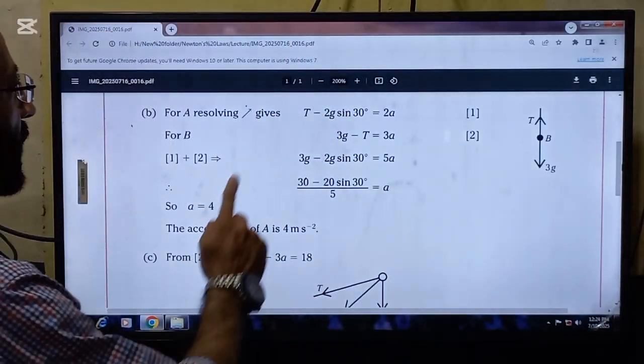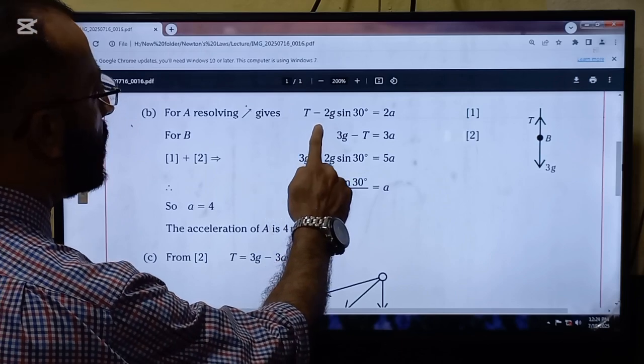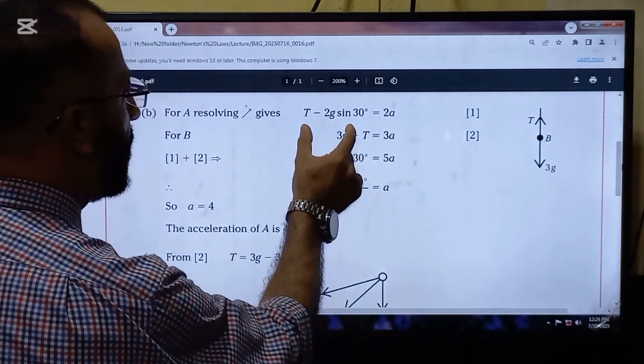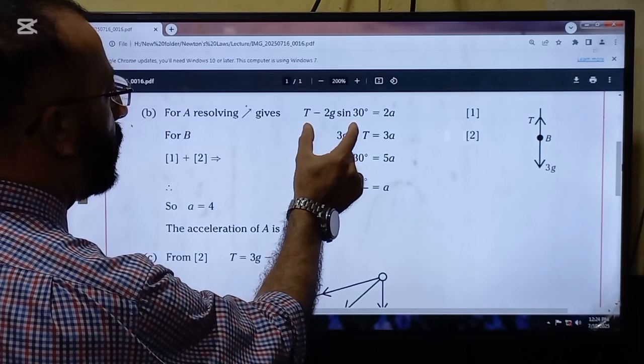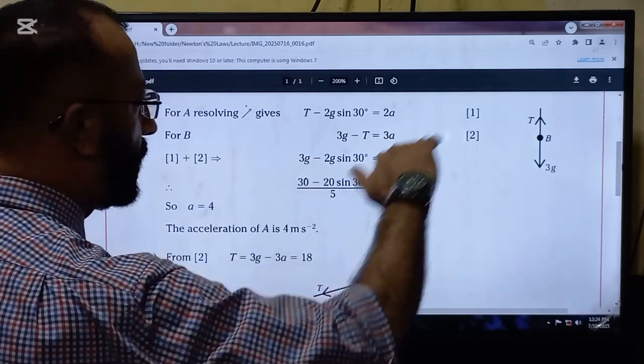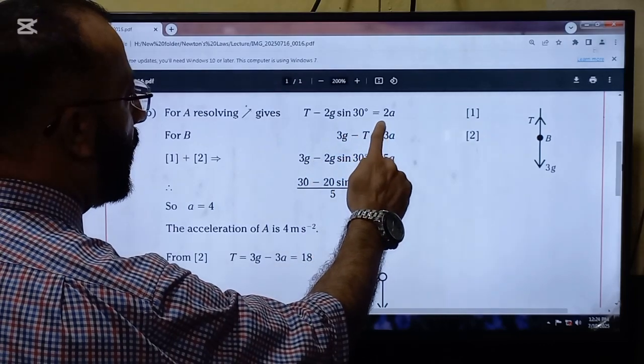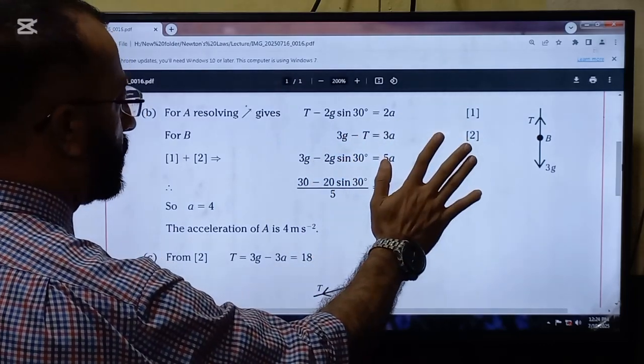So tension in the string minus W sin theta should be equal to ma, because this is the resultant force acting on A along the plane. So T minus W sin theta is equal to ma. M is 2 and a is still there.